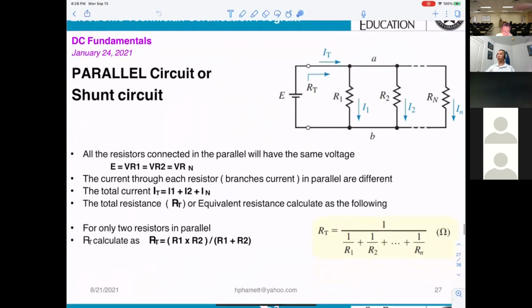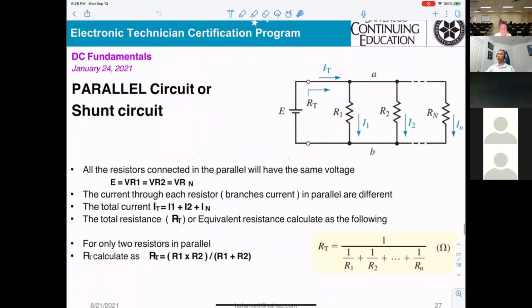Now, if you're looking at this circuitry here, and we say this is a parallel circuit, the voltage across R1, R2, R3 is the same as the power supply E. That means all resistors in parallel get the same voltage.